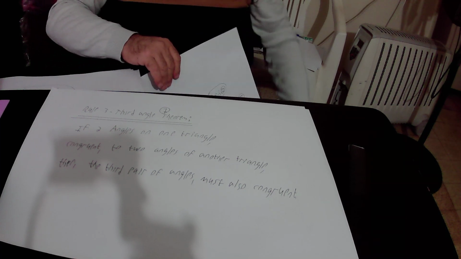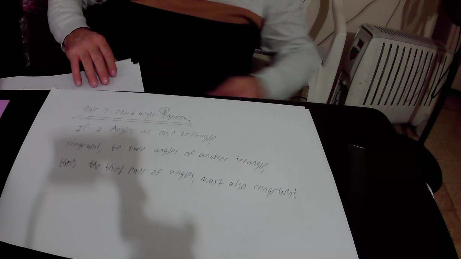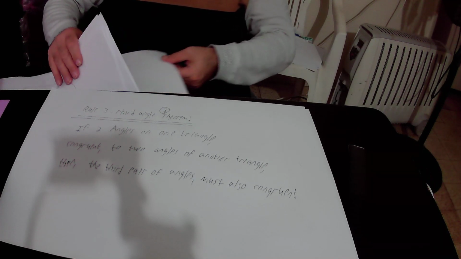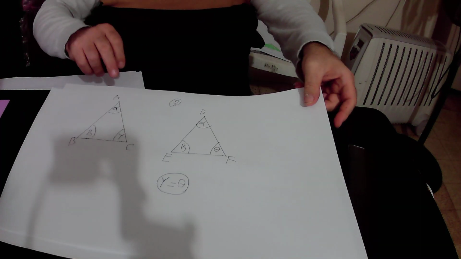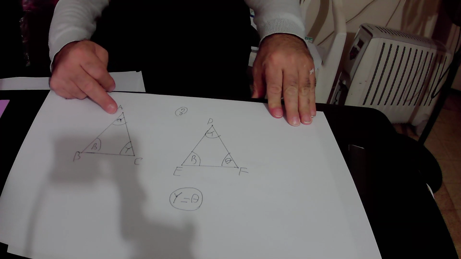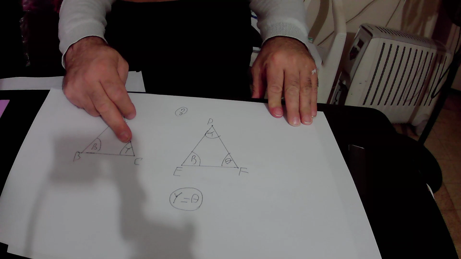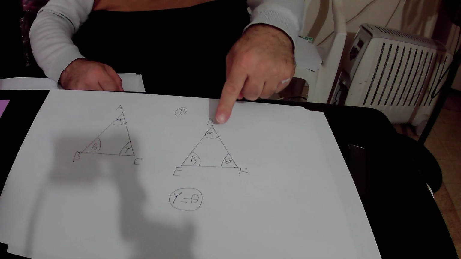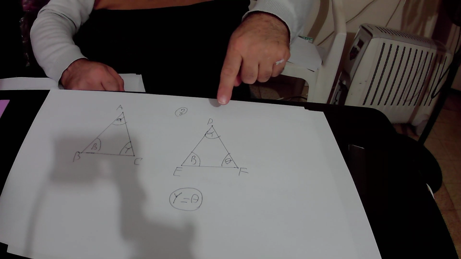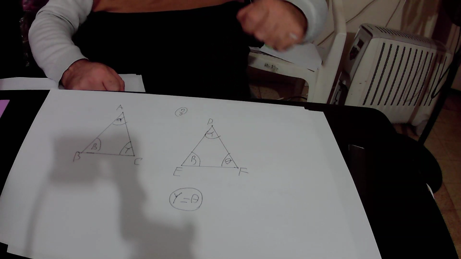So, what is the meaning of the third angle theorem? The meaning is that if you have those two triangles, triangle ABC, in which this angle equals alpha, this angle is beta, and this angle is gamma, and we also have triangle DEF, in which this angle equals alpha, this angle equals beta, and this angle equals theta.